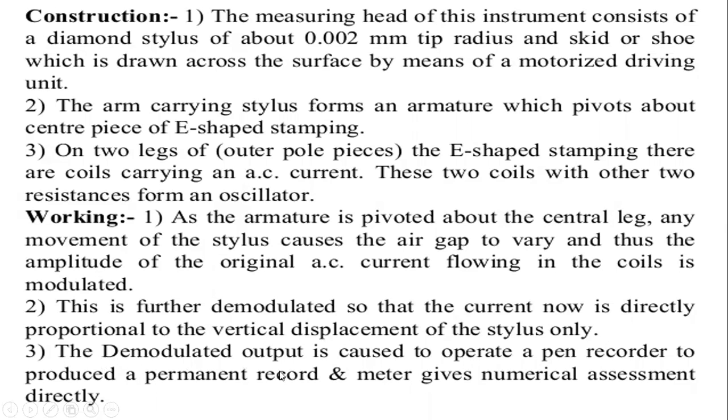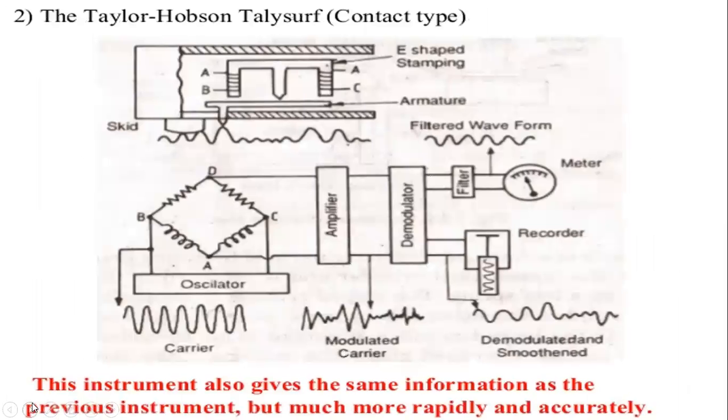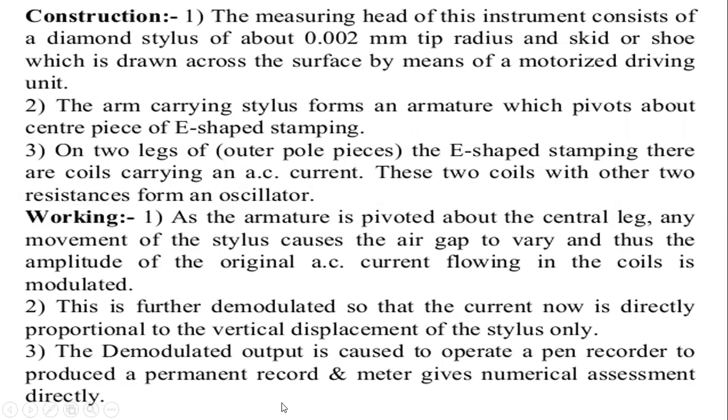The demodulated output is caused to operate a pen recorder to produce a permanent record, and the meter gives the numerical assessment directly. So this forms the numerical assessment of the demodulated output directly.